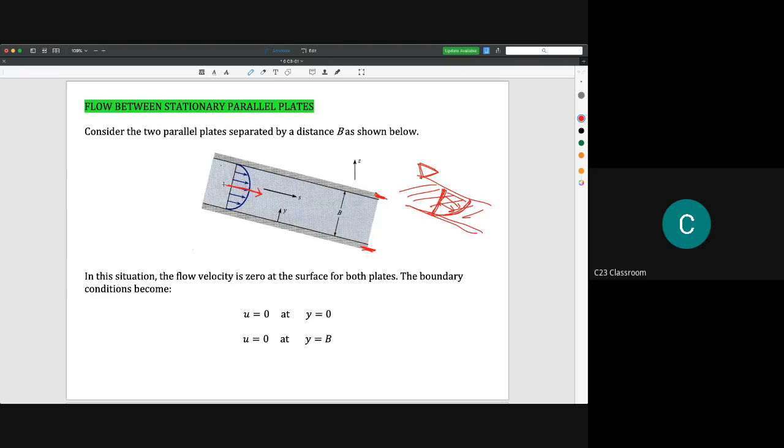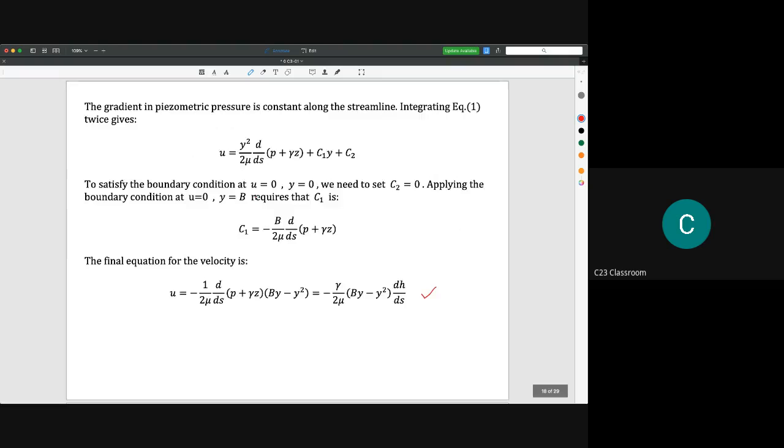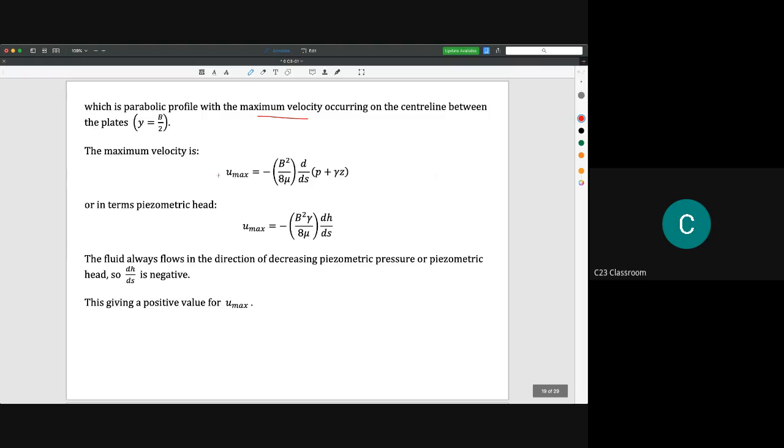The center line here will have the maximum velocity. That's why, to calculate the maximum velocity, we substitute the value of y equal to b over 2, and then we can calculate the maximum velocity like this.